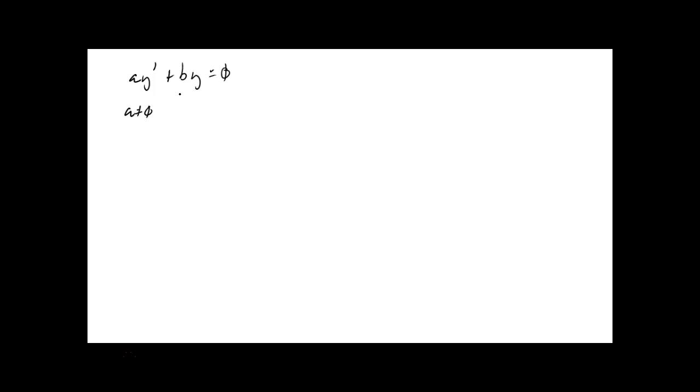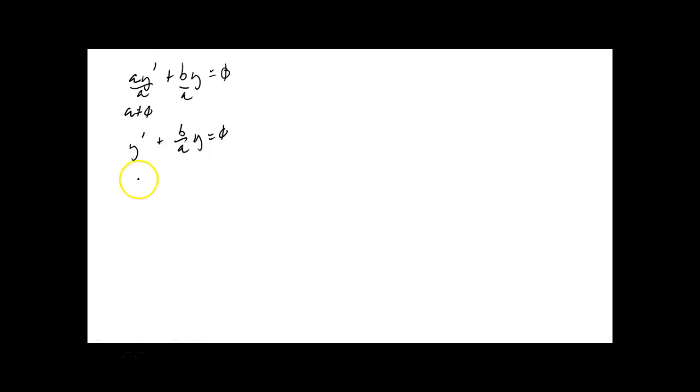Now, let's make an observation. Let's solve this equation for y', sort of like we did before. Let's divide both sides by a, since it's not 0. Now we have y' + (b/a)y = 0.